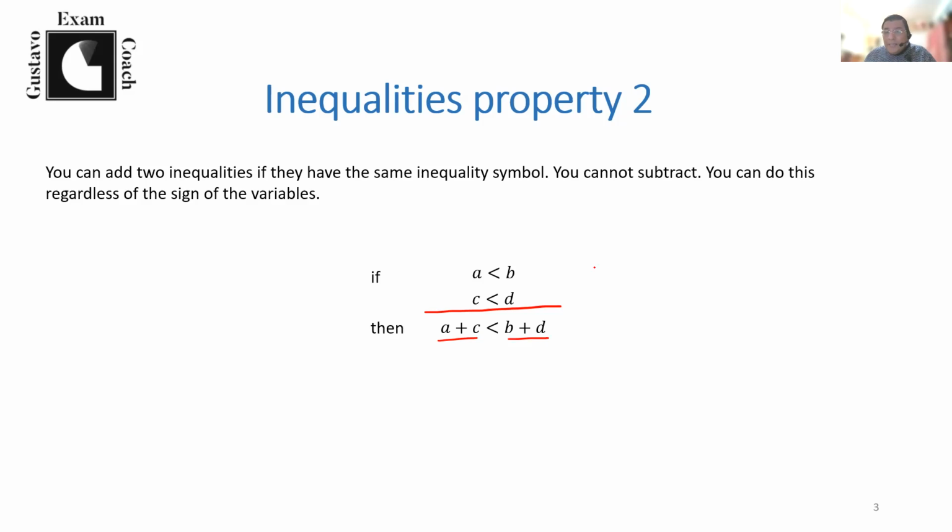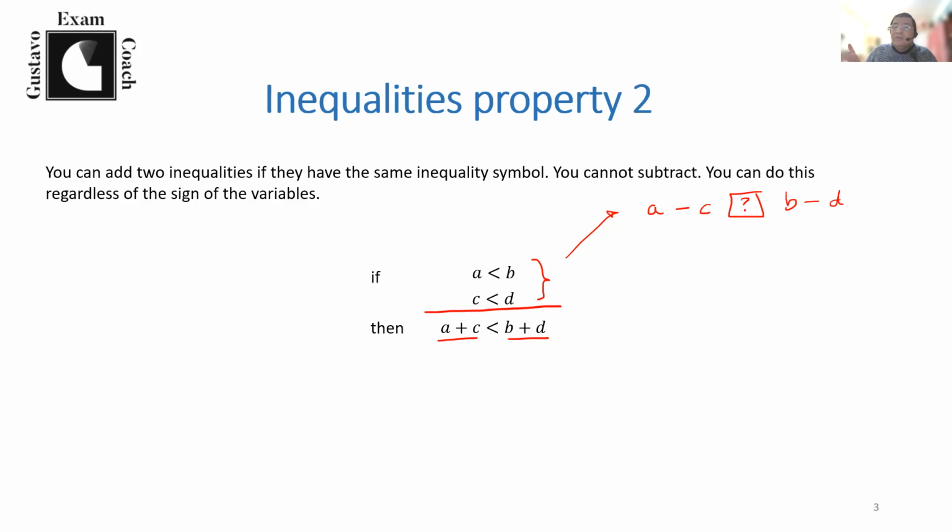But there's no way from these two true inequalities to obtain anything in general about this difference with regard to this other difference. We cannot conclude what the relationship is between the two differences, because we would have to know the particular values of each of the expressions in this inequality.